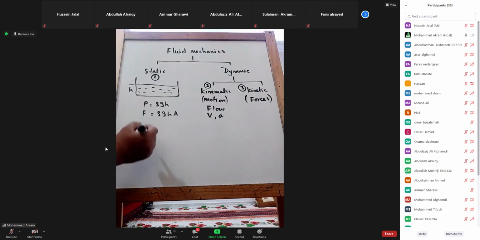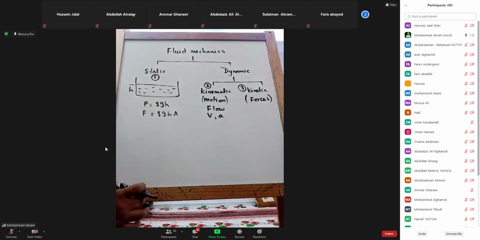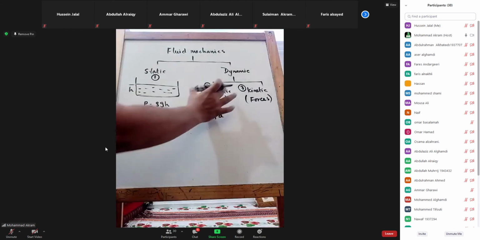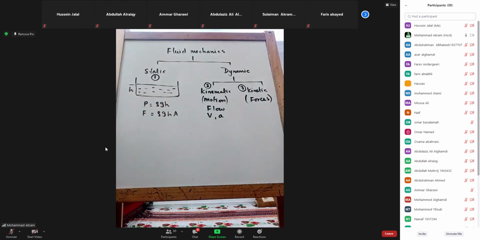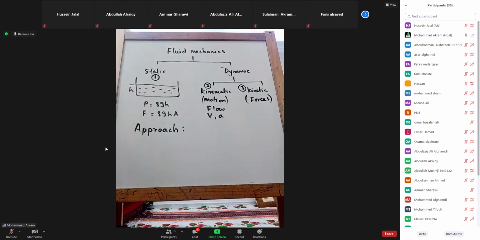Okay. Now, we are starting our second chapter that is related to the continuity and motion of the flow or fluid. Before going ahead, we need to first understand the approach in fluid mechanics, fluid kinematics or fluid dynamics.